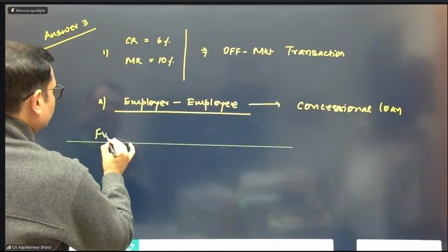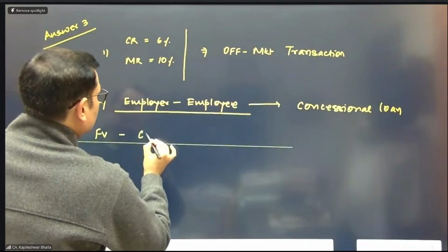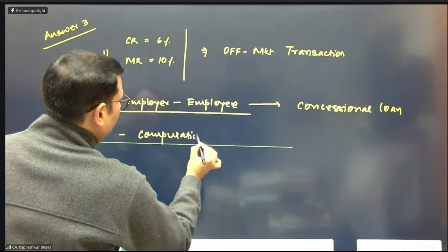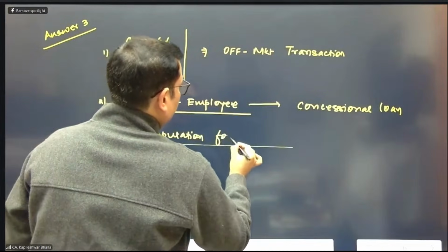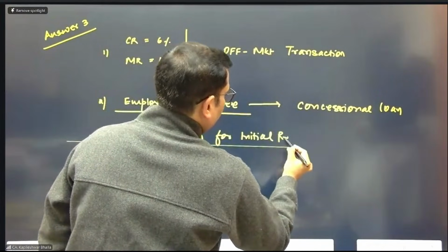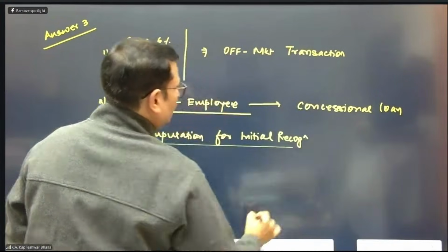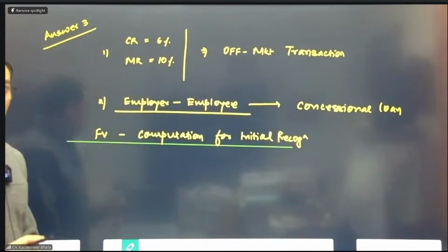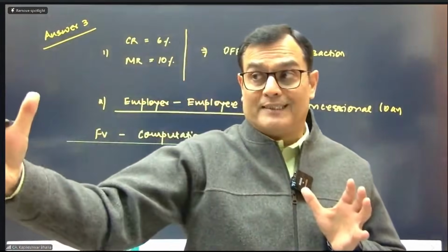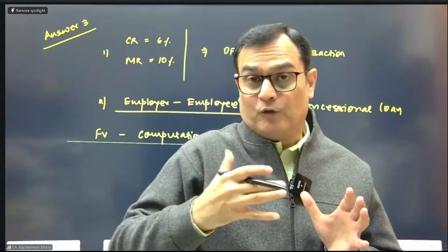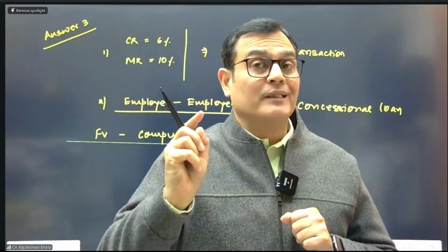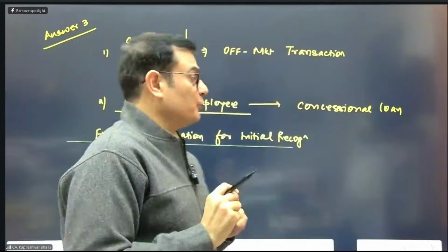This is the fair value computation for initial recognition of the financial asset. Now, what is the fair value? As I said earlier, the fair value is the present value of all the inflows I'm going to get as an employer, the equated principal for the next 5 years and the interest.